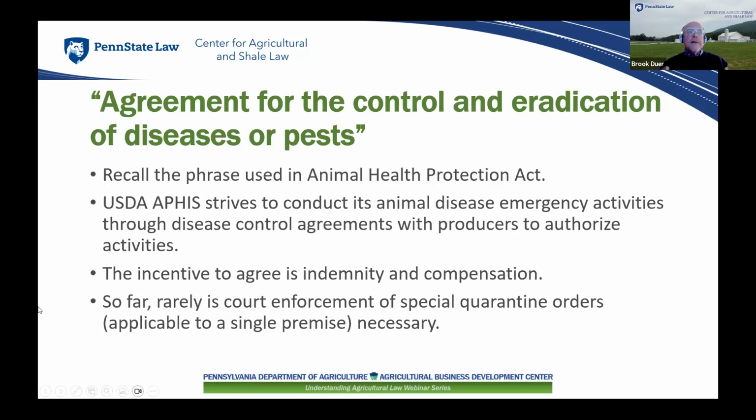And of course, if you do certain things incorrectly, in violation of what you've agreed to in a flock plan, for example, you may jeopardize your indemnity. So the entire dynamic is that USDA works on agreements for the control and eradication of diseases, and gets agreement up front from producers through a flock plan on how they're going to respond in a disease outbreak. And then there's something to measure the eligibility for compensation and indemnity against. That's the mechanism by which all of this works.